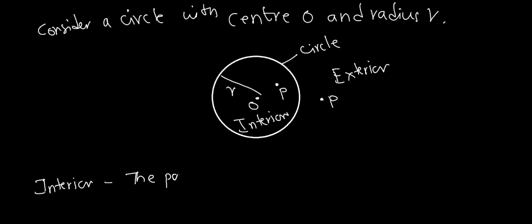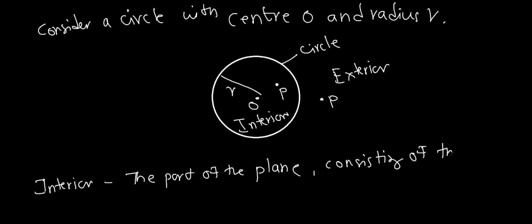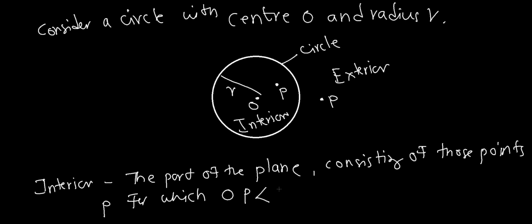The part of the plane, the whole canvas is our plane, but the part of the plane consisting of those points P for which the distance from O to P is less than the radius.